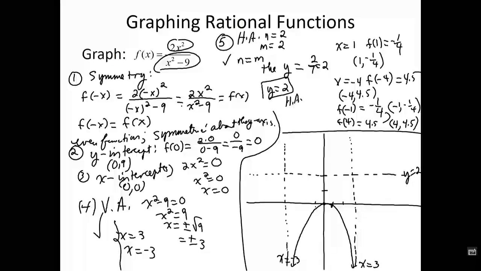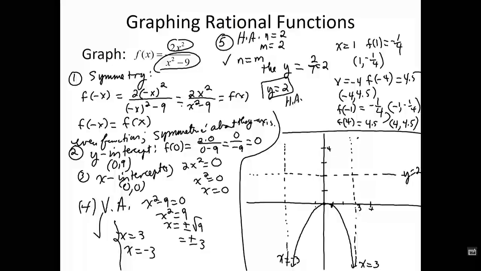And we have other points. We have that f of 4 is 4.5. So this is 2, 3, 4. So f of 4 is 4.5. 4.5 is about here.